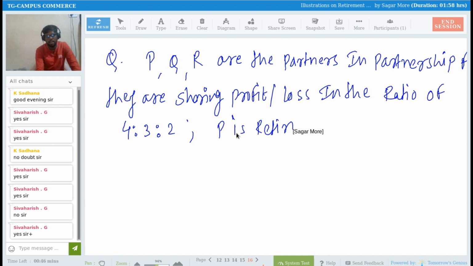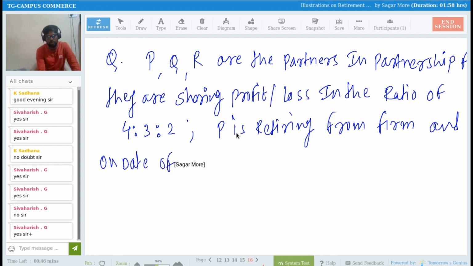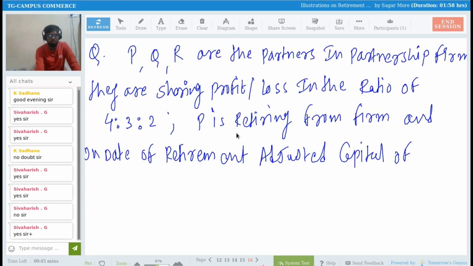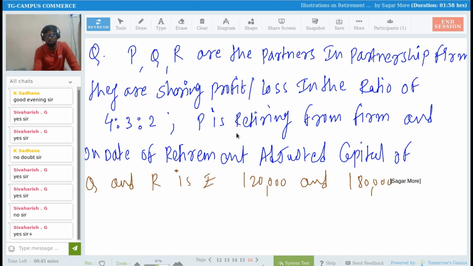P is retiring from the firm, and on the date of retirement, adjusted capital of Q and R is rupees 1,20,000 and 1,80,000 respectively.